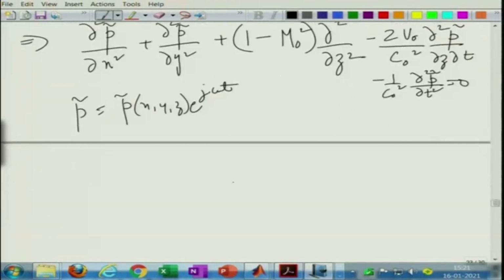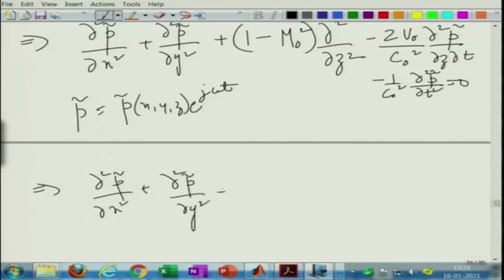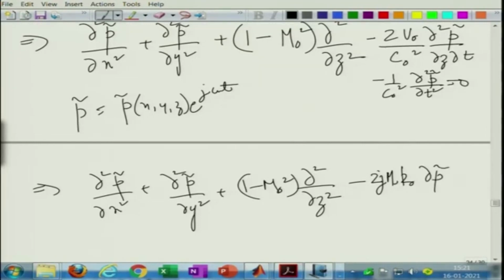Once we put that in, what we will get is minus 2, this becomes M naught and it is j omega. Here is omega, omega by c is c naught, and we will get a first order damping sort of term plus k naught square p operating upon equals 0.